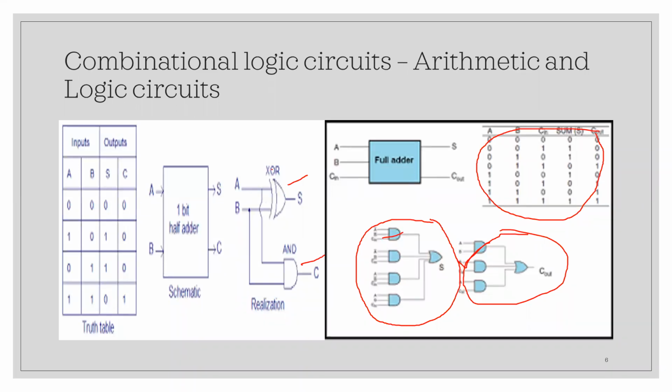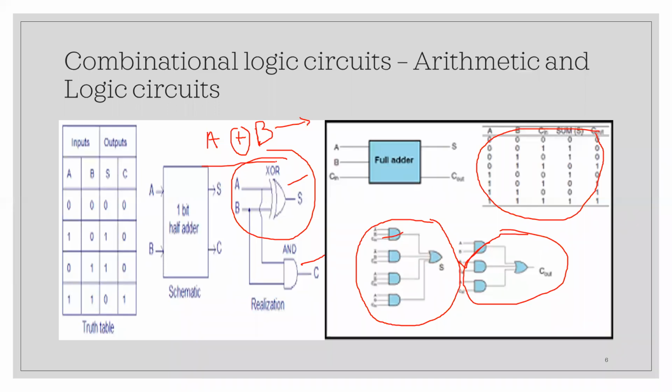Now here, these are using the basic gates. If I want to convert the same thing to using the universal gates, I go ahead with the double complement method, or I try to represent, say, A XOR B in terms of the NAND gate or the NOR gate, which are the universal gates.